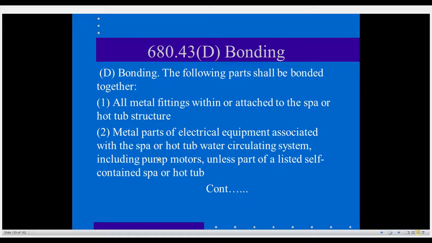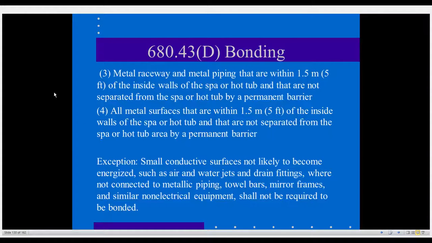Unless it's listed with it, it's all going to be connected probably inside on the frame. Otherwise, metal parts of electrical equipment associated with the circulating water system all have to be bonded together.